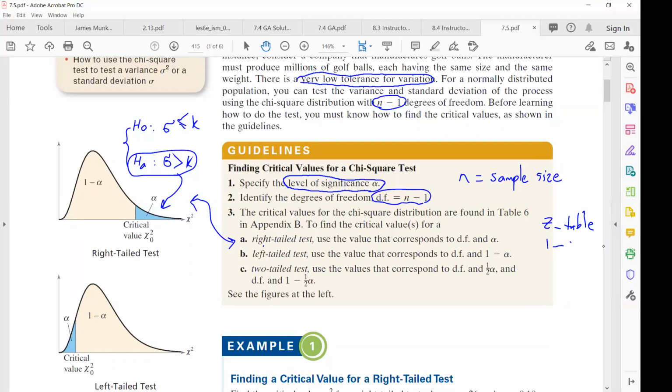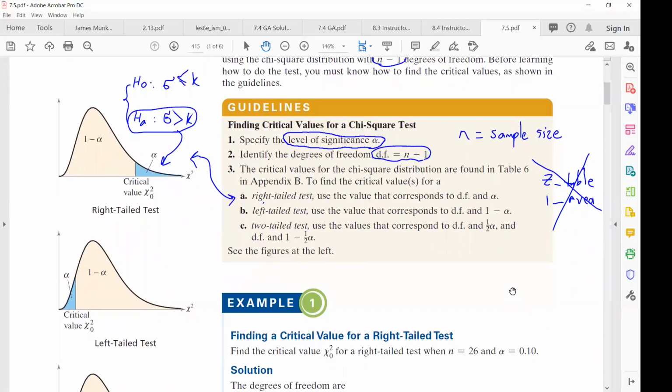Here you are using the chi-square table. It's different from the z-table. You don't have to do any algebra when it comes to a right-tailed test.